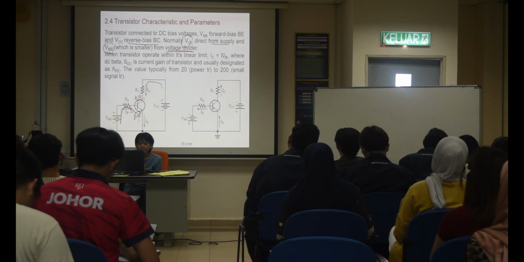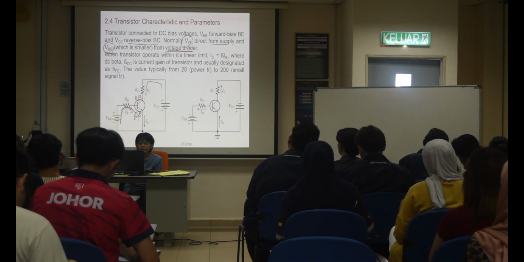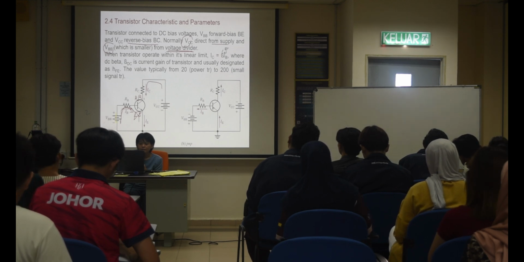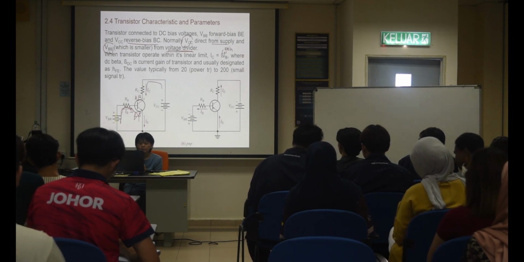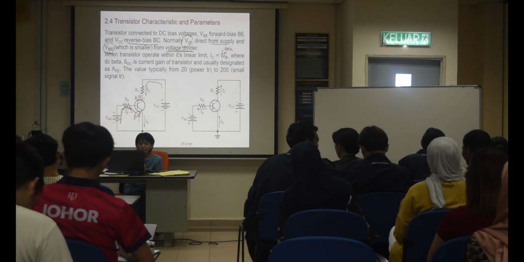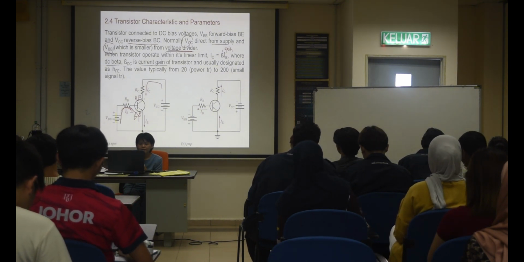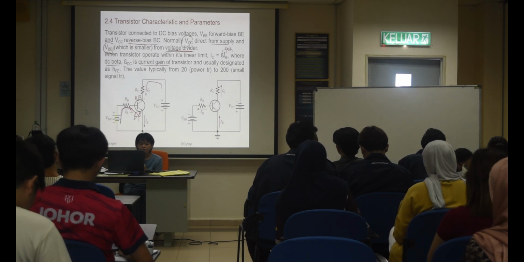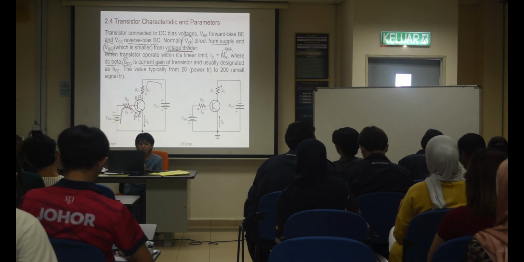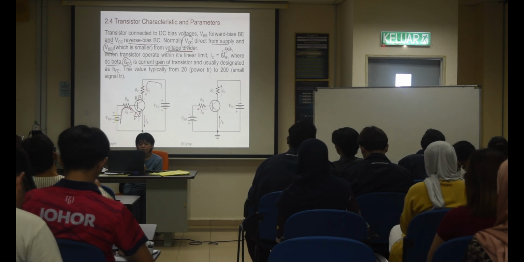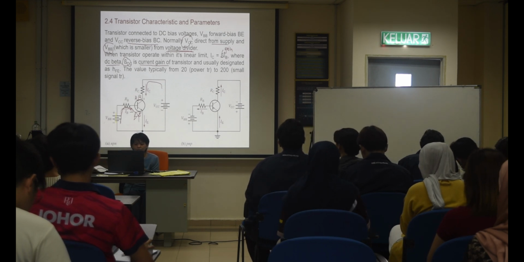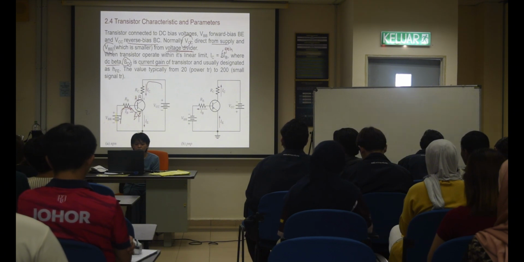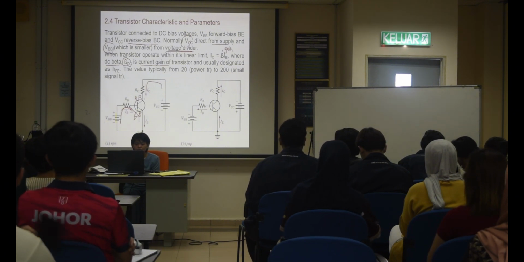So when the transistor operates within the linear limit, IC equals beta IB. This beta is the gain. Beta is gain. Okay, where this beta DC is the current gain of the transistor. You can see this one actually is your beta DC. Okay? And the transistor usually is designated as HFE.